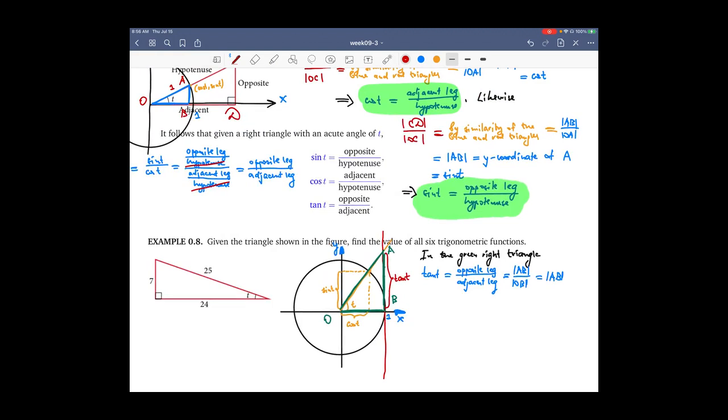I highly recommend that you get used to this idea, that the vertical line through the point 1, 0 measures tangents. In particular for angles in the first and third quadrant, tangents are positive, and for angles in the second quadrant and in the fourth quadrant, tangents are negative.